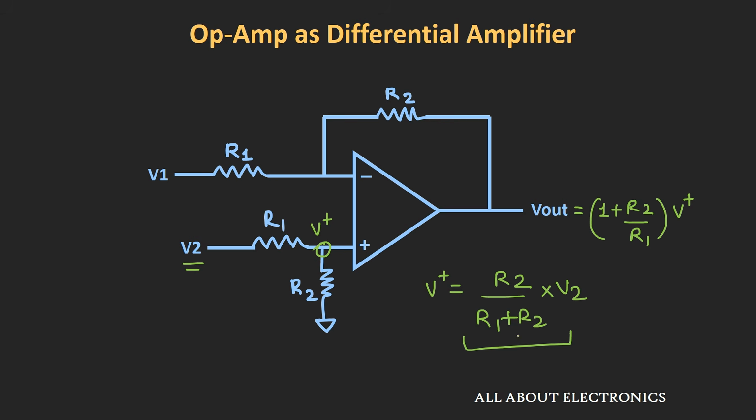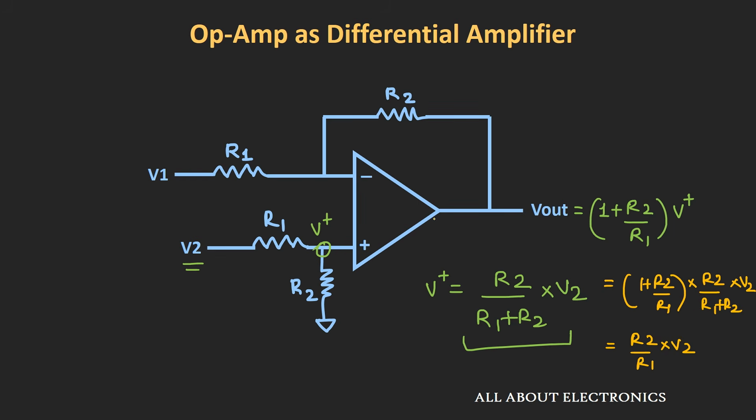So now if we put this value of V plus, then we will get 1 plus R2 divided by R1 times R2 divided by R1 plus R2 times this voltage V2. So if we simplify it, then we will get the term R2 divided by R1 times this voltage V2.